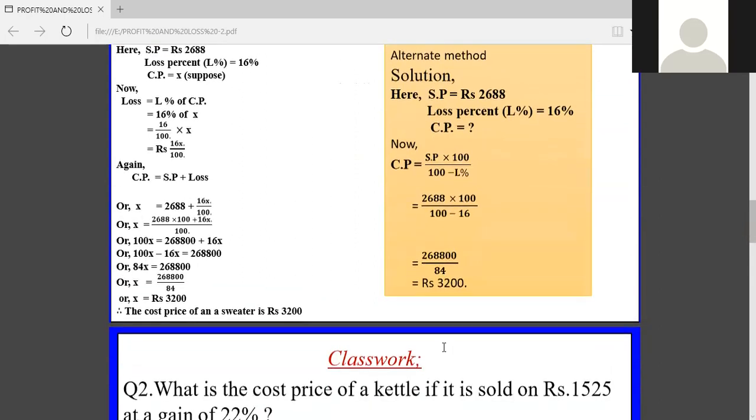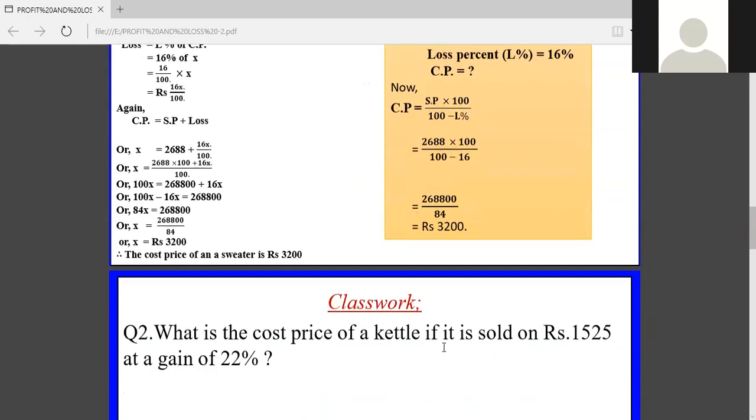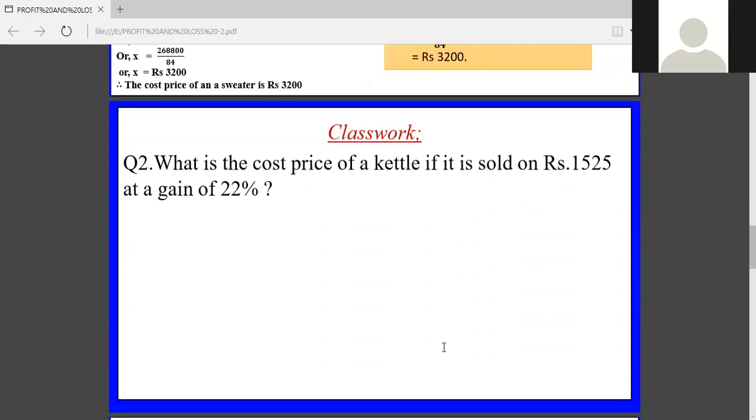Okay. This one. Similarly here, this also: SP is given, gain percent is given, profit percent is given, asking to find the CP. Here we have to use this formula.